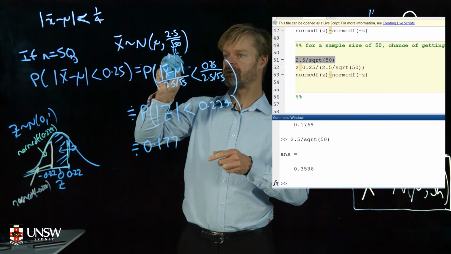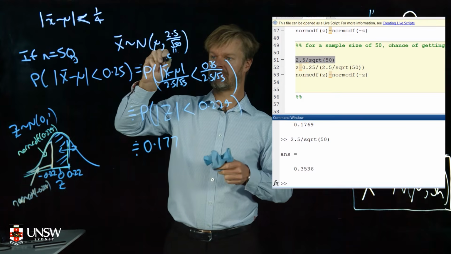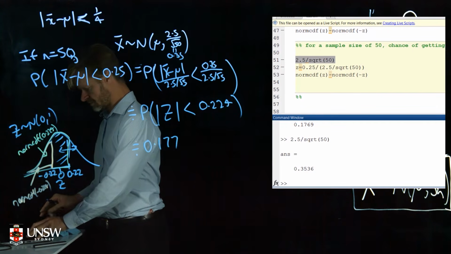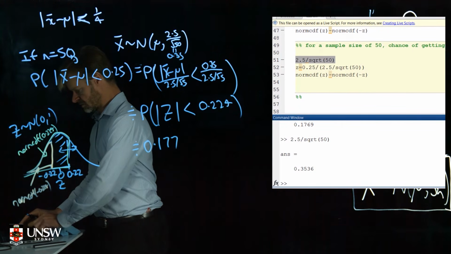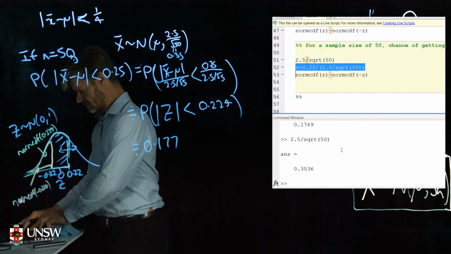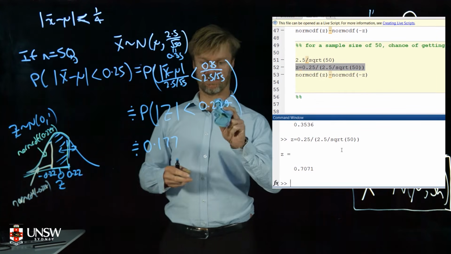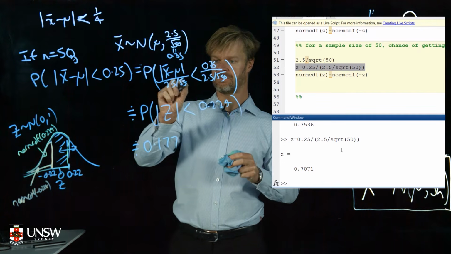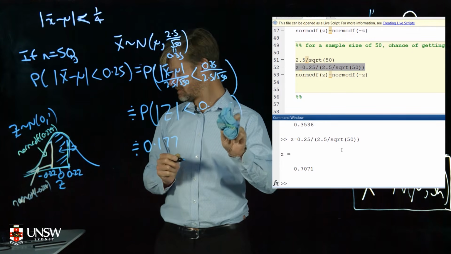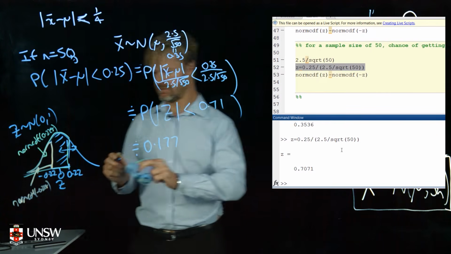So instead of having a 1.12 on the bottom, I've got about 0.35 on the bottom. Z ends up being 0.707. Oh, there's a 50 now. It's 50 there. 0.71, give or take.